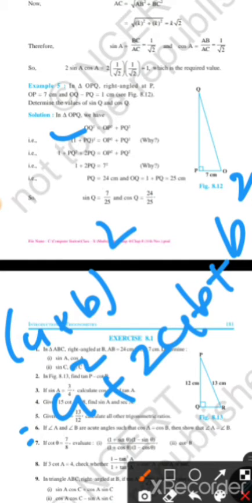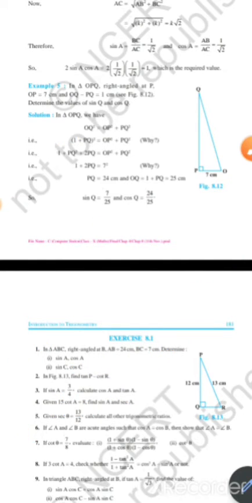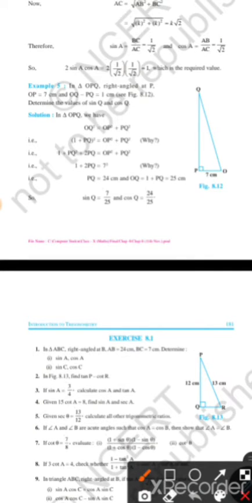So this one is equal to OP square plus PQ square. The right hand side remains the same. Now when we sum it up, PQ square gets cancelled. What will remain is 1 plus 2PQ equal to, what is the length of OP given here? It is 7 centimeters.